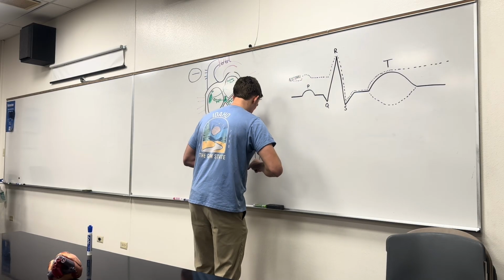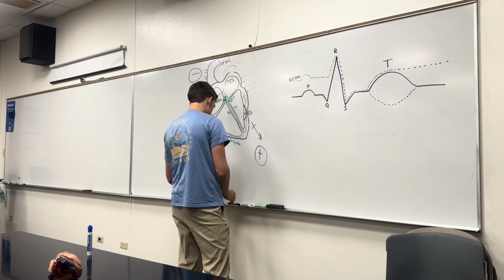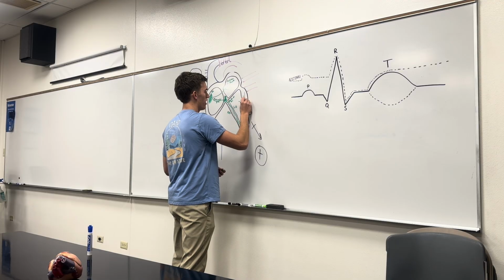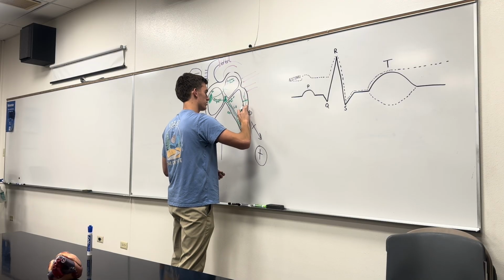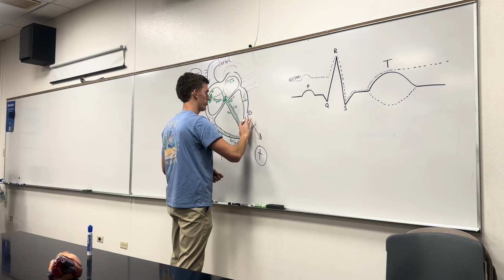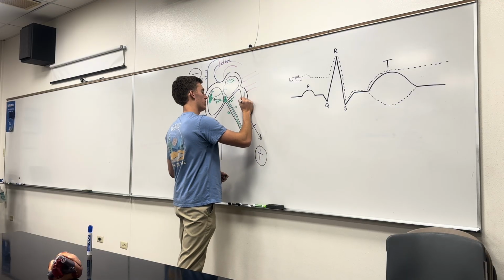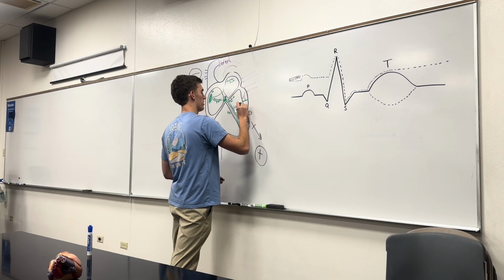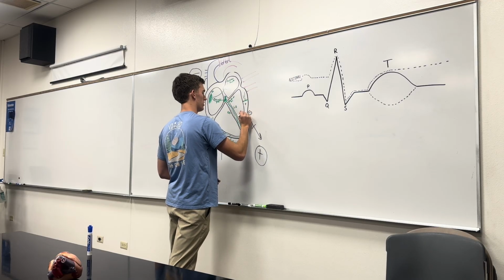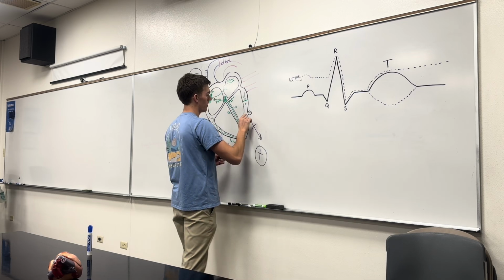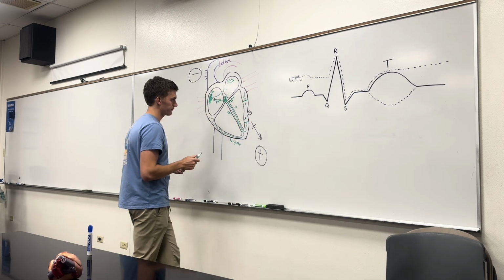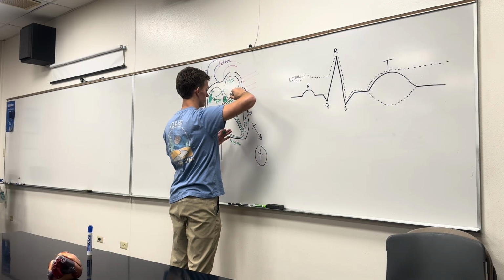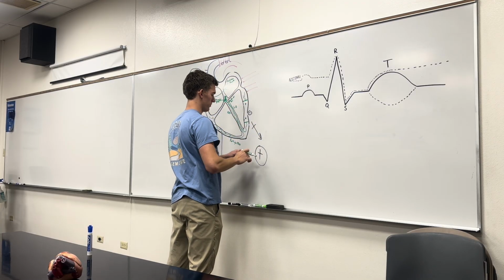Then we get what's called just a STEMI. It's a STEMI, okay? And that's when everything from here to here can't repolarize, the entire wall, which means this is all more positive, which means if this is all more positive, it'll be sending a signal back this way, or a negative signal that way.